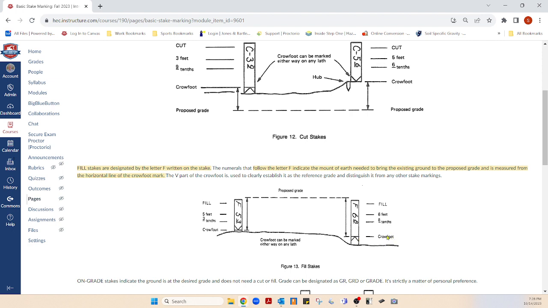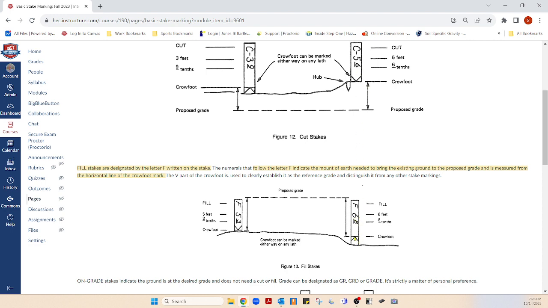Now look here. This one has a fill of 6 8/10. Now we're going to the same place up here. This is where we've got to bring dirt in until we get here. So the stake here is going up 5 3/10, but the stake here is asking us from the reference stake to go up 6 8/10. Same deal.